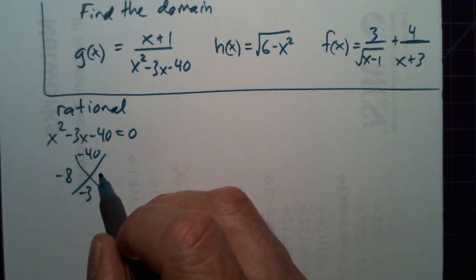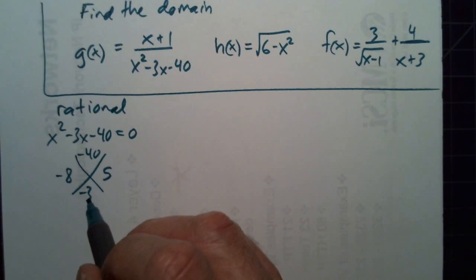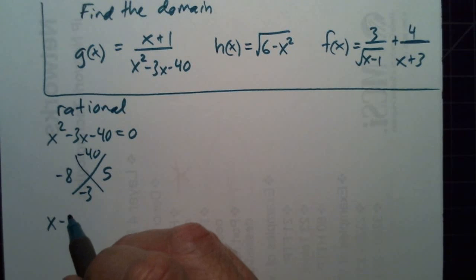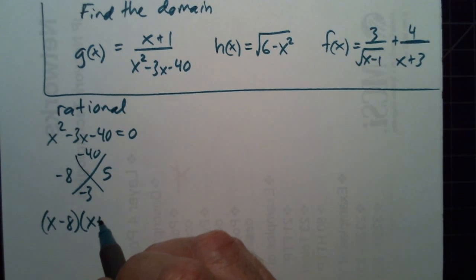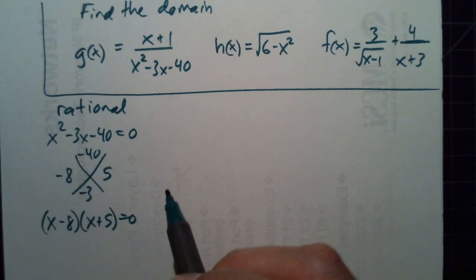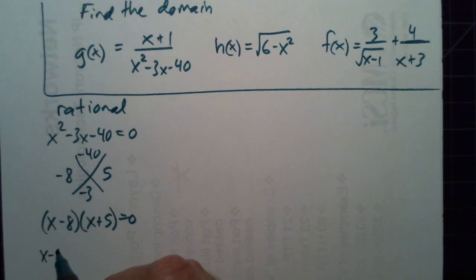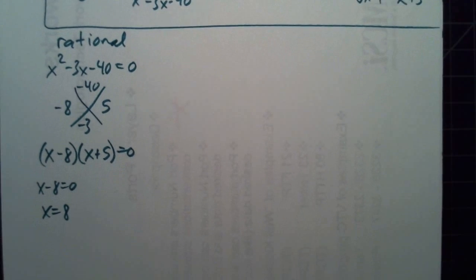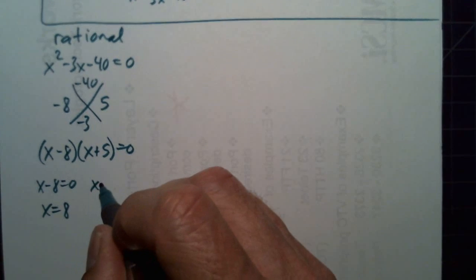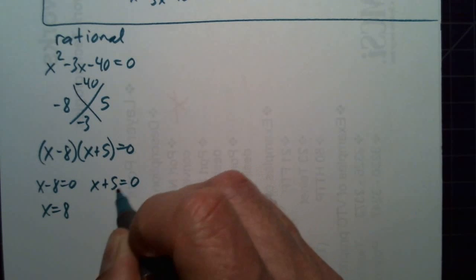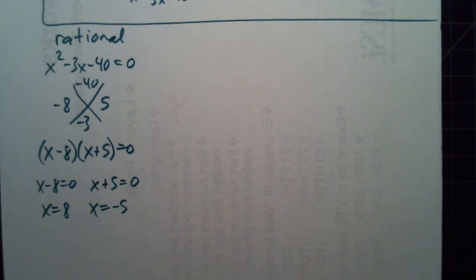Multiply to get negative 40 and add to get negative 3, so we have x minus 8, x plus 5. The denominator equals 0 when x equals 8 and when x equals negative 5. So we have a domain that excludes 8 and negative 5.